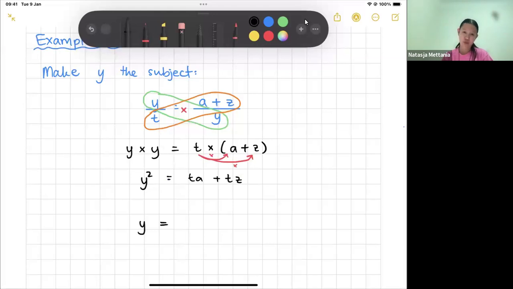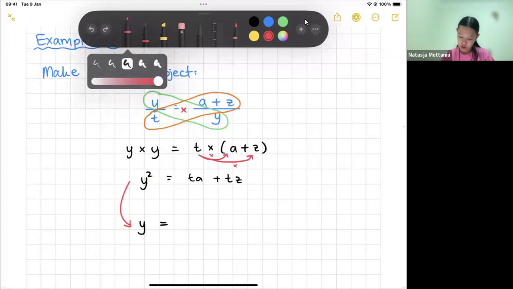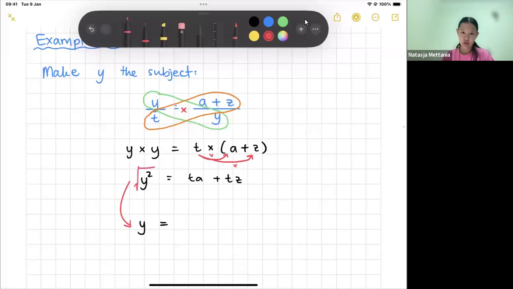My goal is to have y equal to something. For me to get y equal to something, what do you think I need to do to get from this line to y equals? Well, I've got this squared here. What's the opposite of squared? Square root. So what I need to do is square root this side to get rid of the squared, to cancel it out, and square root the other side to make sure it's balanced.